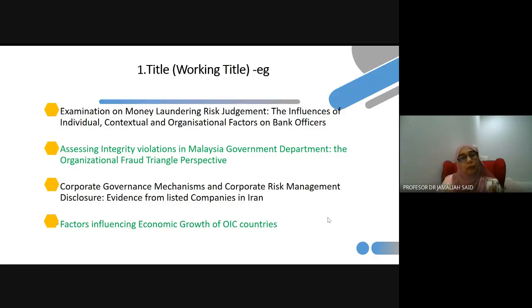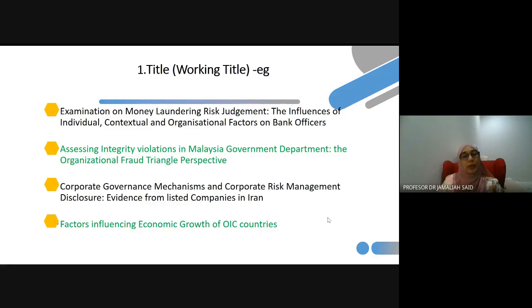Okay, number two, assessing integrity violation in Malaysian government department, the organizational fraud triangle perspective. I like this title because maybe the student has many factors to examine that influence integrity violation, maybe four or five, which is too much if they want to put everything in the title of the proposal.